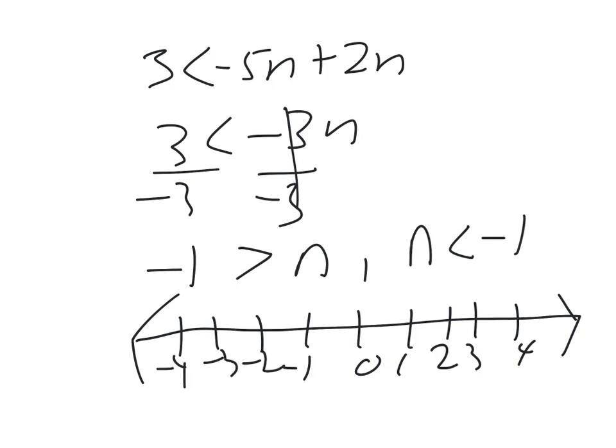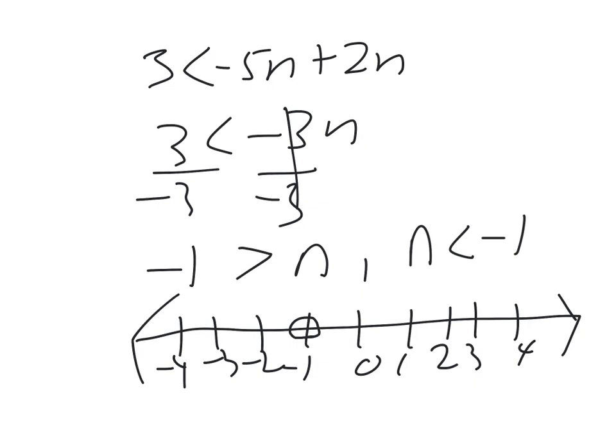Let's plot it on our number line. We're going to start at negative 1, and since it's just a regular sign, we're excluding it. But what direction do we go? We listen to what the equation is telling us. Negative 1 is greater than n. N is less than negative 1.